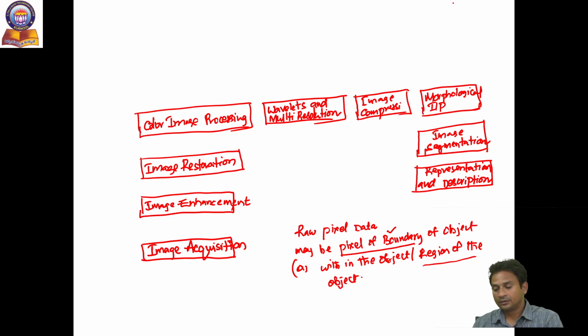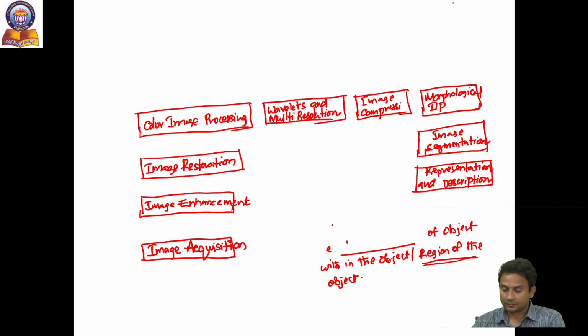And if the application demands analyzing internal features of the objects like color, texture, etc., then representing the output of the segmentation process as region pixels would be the correct option. So representation helps decide whether to consider the pixel data coming out of the segmentation process as boundary pixels or region pixels.